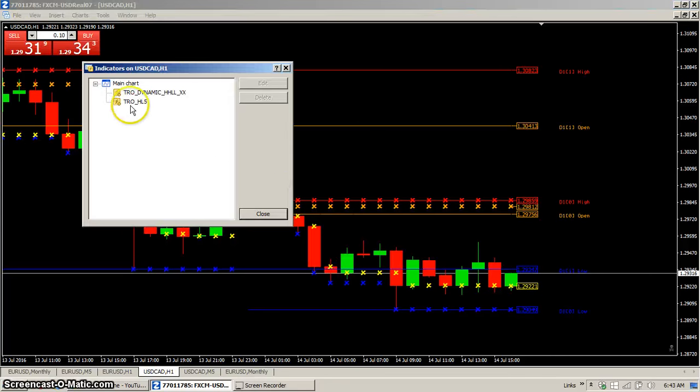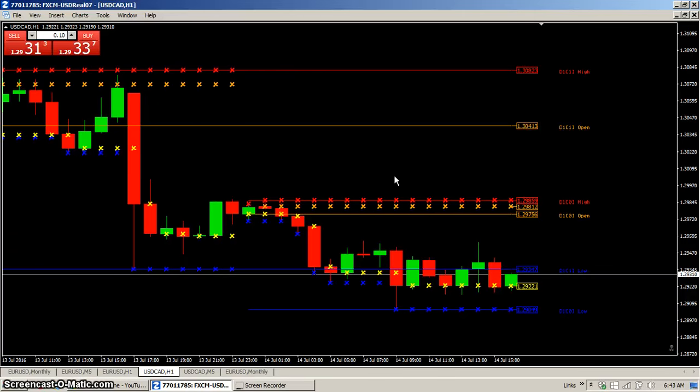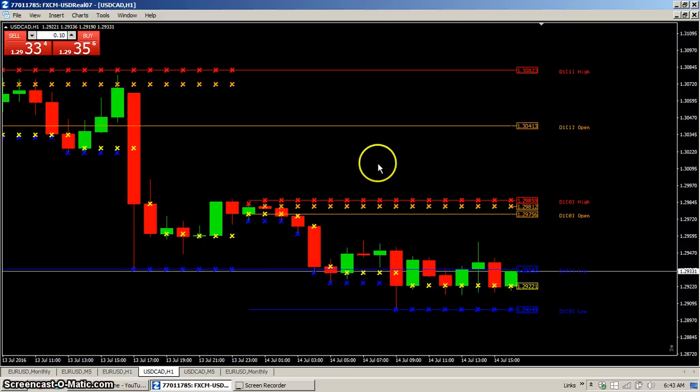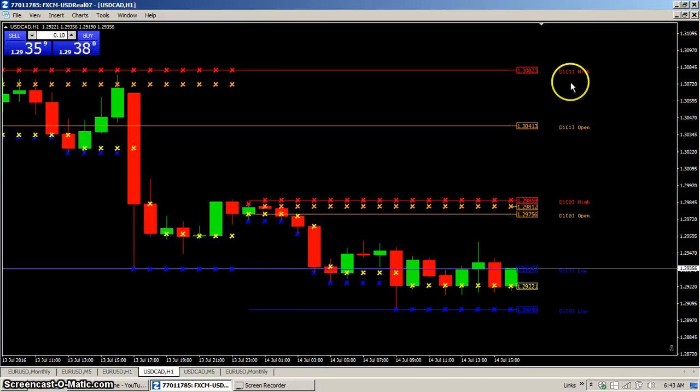We're also using the TRO HL5 indicator, which is really about HL10, but I just don't like to have to change all those different templates on my charts every time I update the indicator. Moving on, the lines are produced by the HL5, and we're looking at the daily high here. This is the previous day, because we're going to look at the current day and the previous day. Same with the open, same with the low.